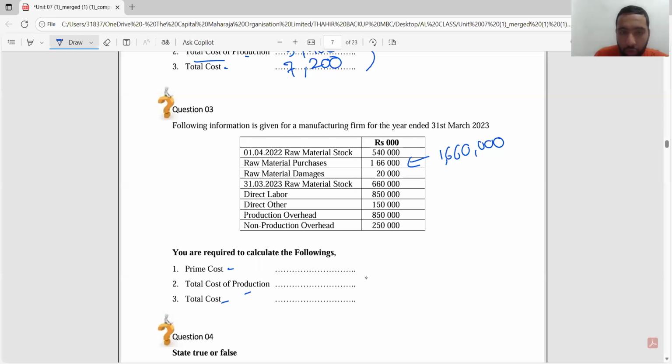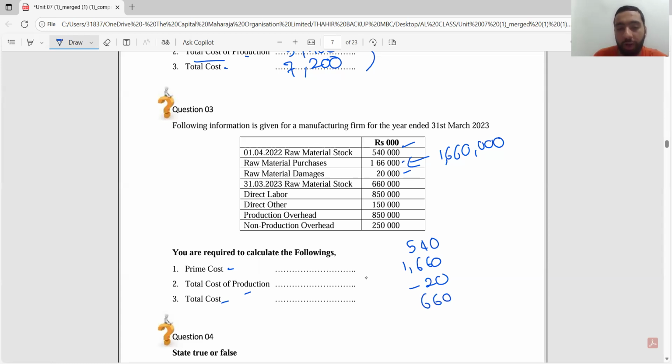Right. So what you should do? Opening, you add opening raw material. Right. You add 1,660. Why? This is the purchases. And then there is a damage, you reduce the 20. Okay. And then the closing stock also you have to reduce. Why?